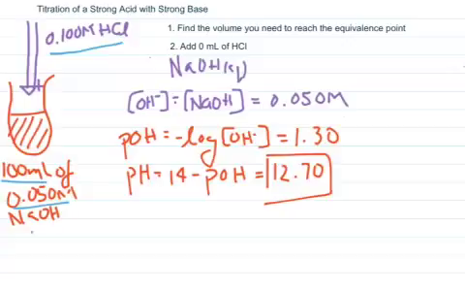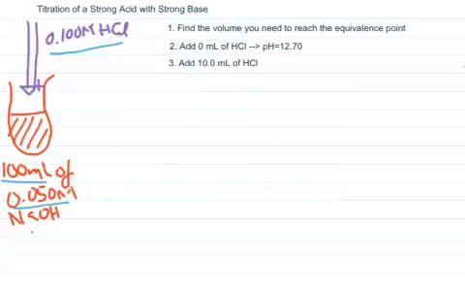Now, you can go from the hydroxide to hydronium and then find the pH. It's up to you. It doesn't matter which way you go. It's all the same. So when I add 0 milliliters of HCl, my pH is at 12.70. So this is where I'm starting, which makes sense because it's a strong base. It's very close to 14. Now, let's see what happens when we add 10 milliliters of hydrochloric acid. What is my pH? Well, the first thing I need to think about is, what's in the flask?